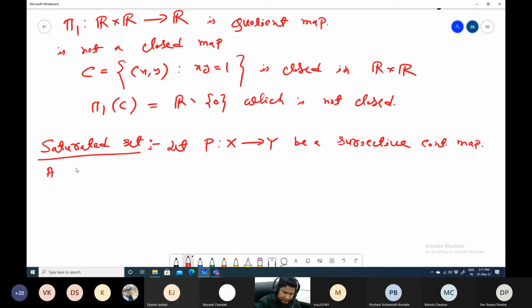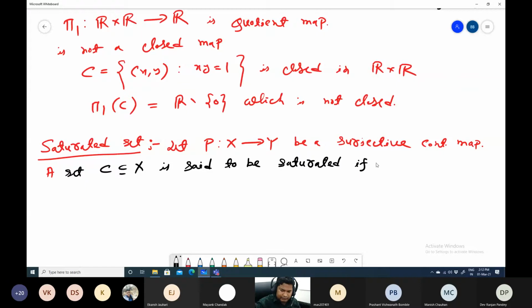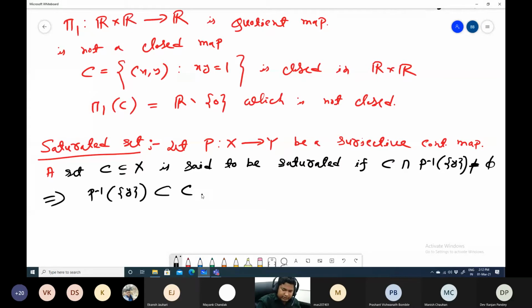Now a set C, that means a subset of X, is said to be saturated if C intersection P inverse of any singleton is non-empty implies P inverse of that singleton is totally contained in C.